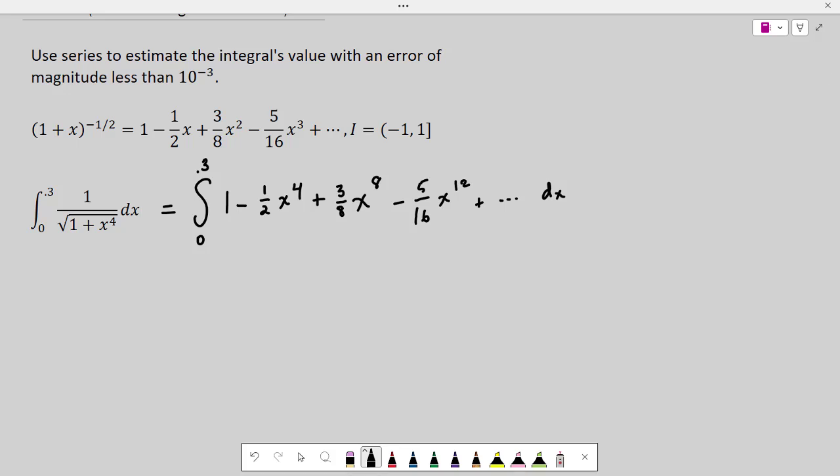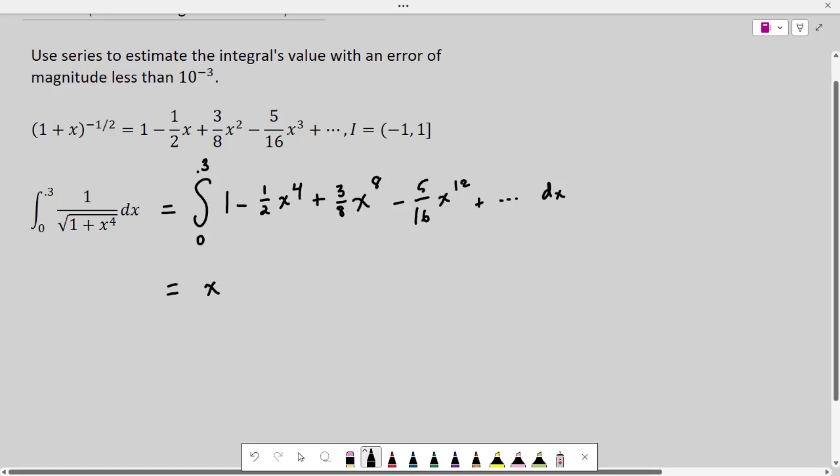Then we integrate term by term, it's a polynomial. We're going to add 1 to each of these exponents and divide by the new exponent. X to the 9, dividing by 9, a 3 will cancel, so we'll end up with 1/24 in front here.